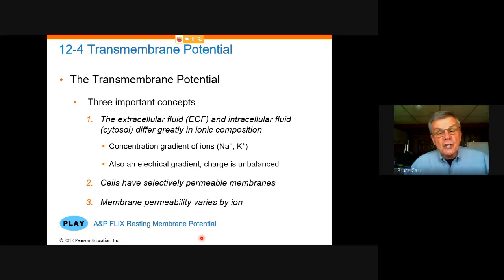That establishes this electrical difference. The second thing is the selectively permeable membrane, and that's what we're talking about when we talk about these differences in carriers. Keep the right things in and the right things out. This membrane permeability varies based on the ion that is involved.